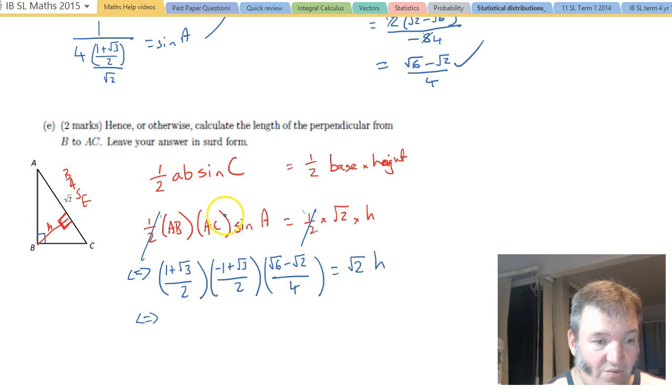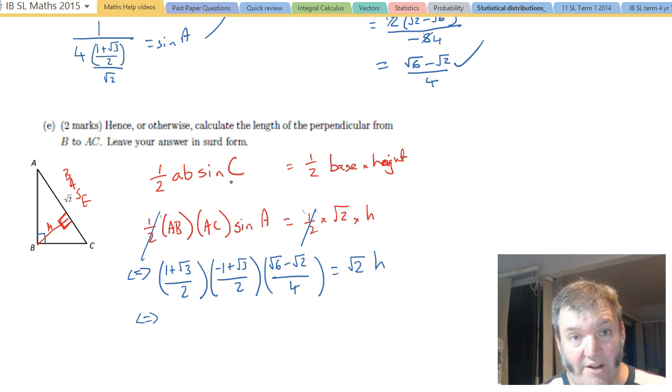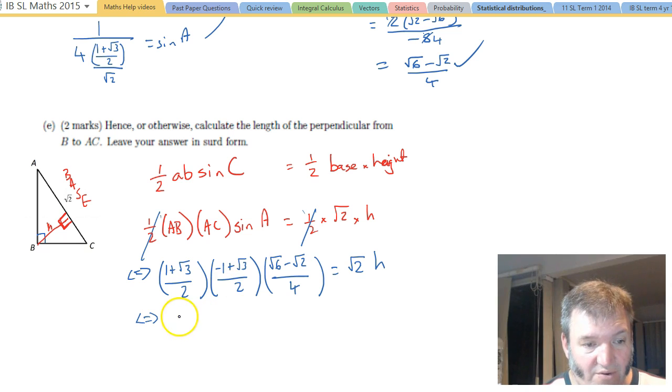If you just imagine I wrote it root 3 plus 1 and root 3 minus 1, difference of 2 squares. So root 3 squared is 3 minus 1. So multiplying that top by that top is just going to give me 3 minus 1. Bottom by bottom, 2 by 2 is 4. I've still got this root 6 take root 2 divided by 4.